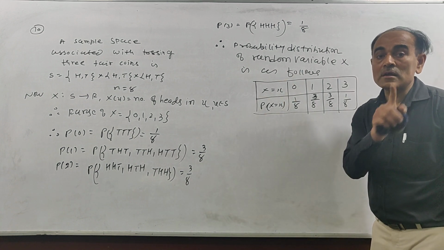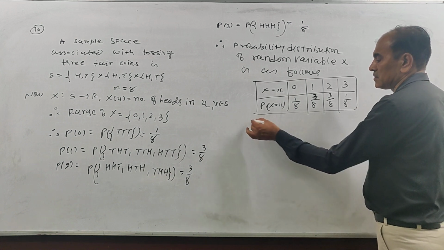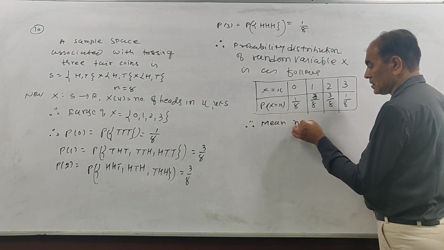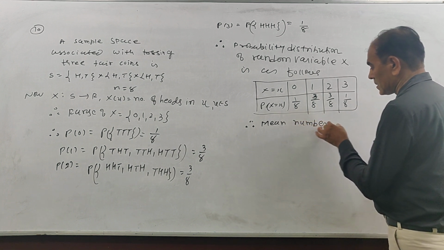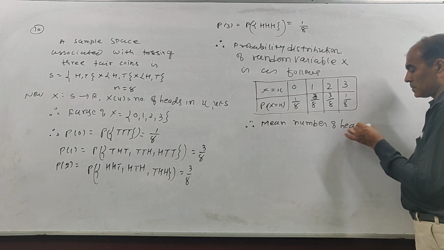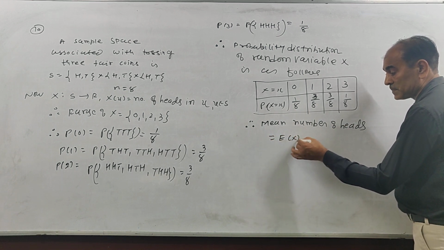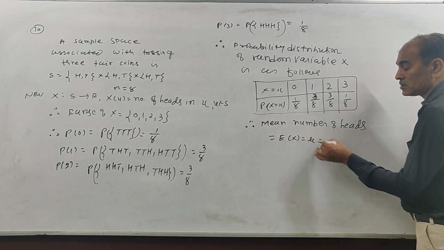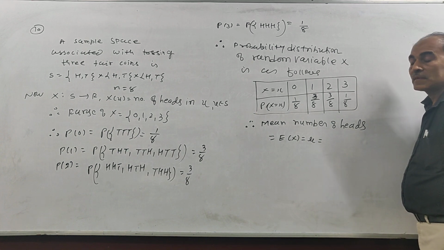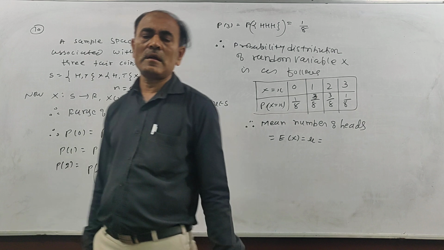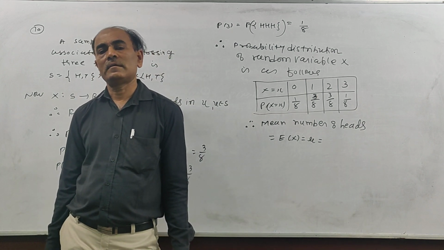We want the mean number of heads, and the mean number of heads is nothing but the expected value. What is its notation? Mu. What is that formula? Yes, recall that formula. Already learned that one.